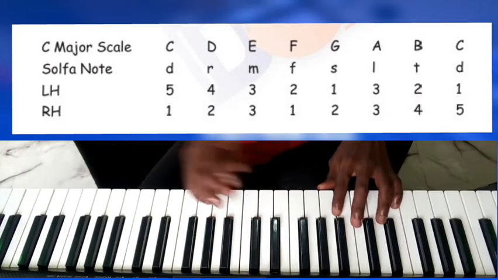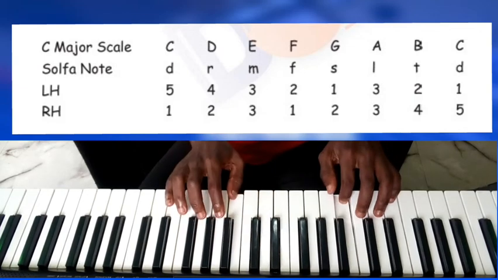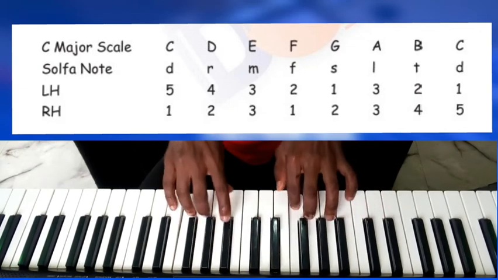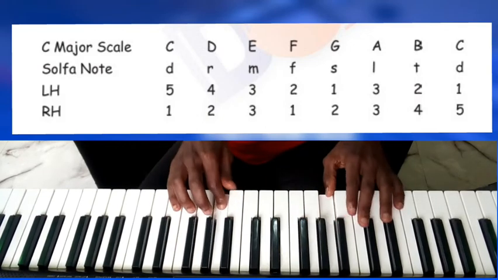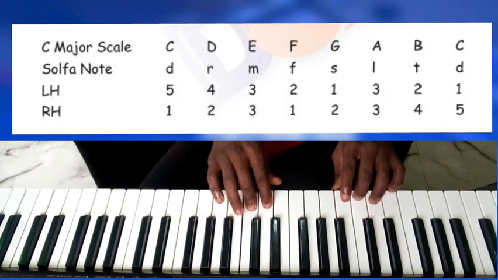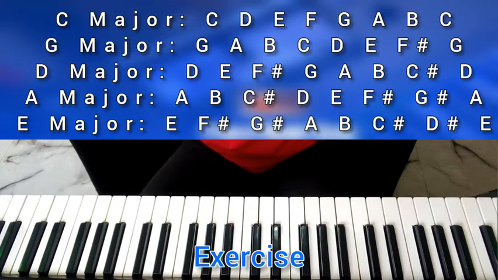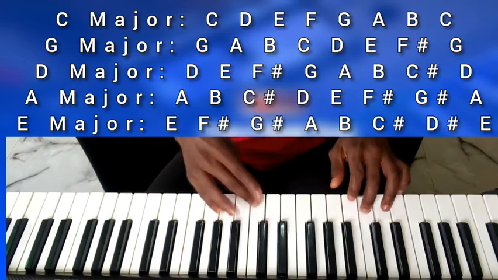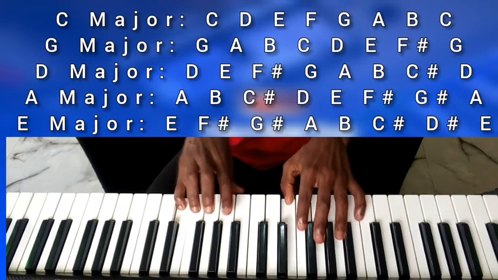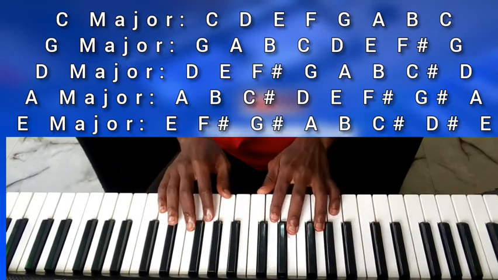Now you see that, let me take it again. Please focus on accuracy before you work on your speed. You start on C major. You go to G major scale.